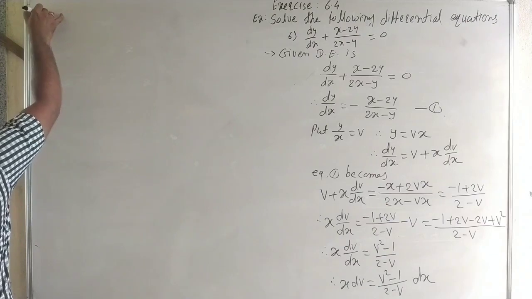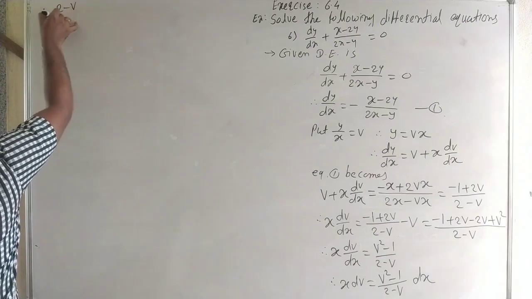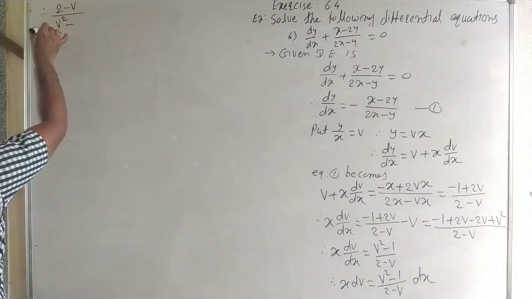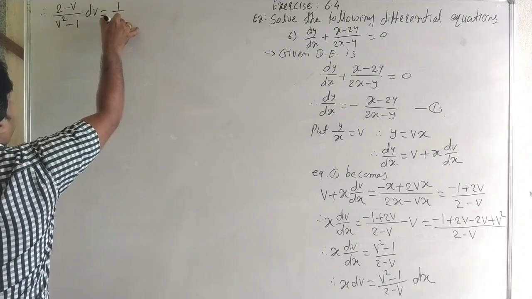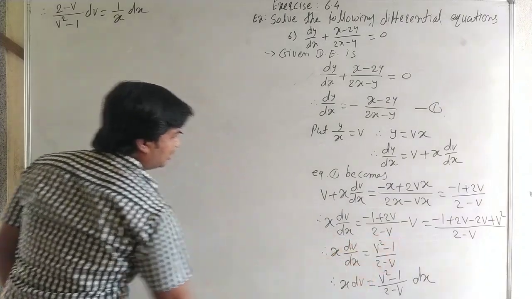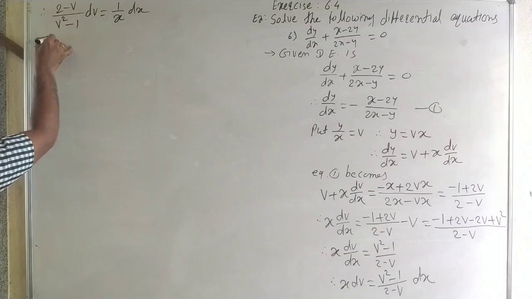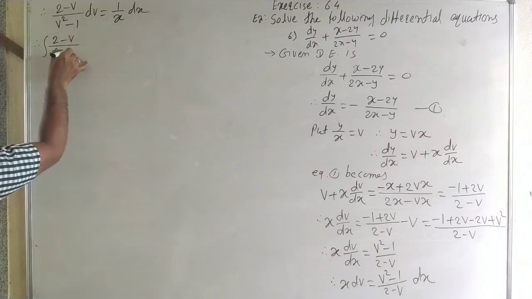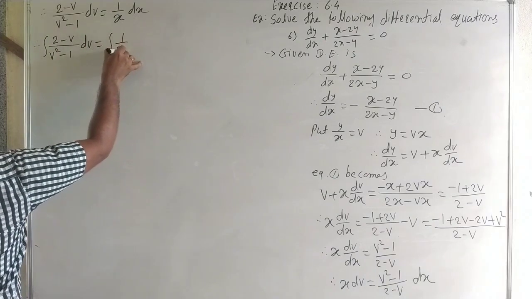Therefore we write 2 minus v upon v square minus 1 dv is equal to 1 by x dx. Now taking integral on both sides, integral of 2 minus v upon v square minus 1 dv is equal to integral of 1 by x dx.